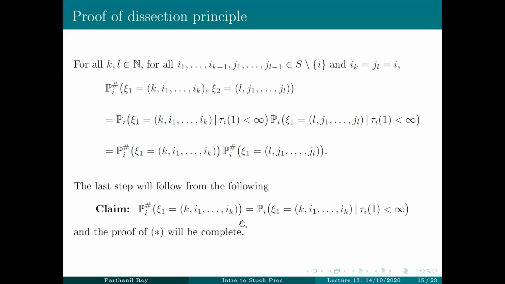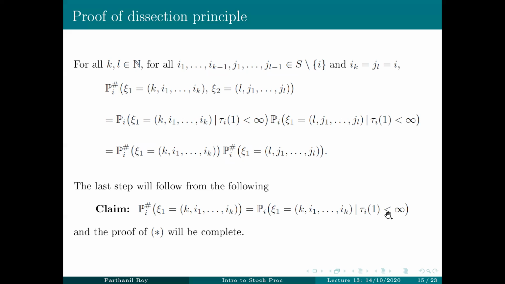If I can show that, then by similar logic this one would be equal to this one, and therefore this product would be equal to this product. And this will complete the proof of star. Star was proving this is equal to this, remember?